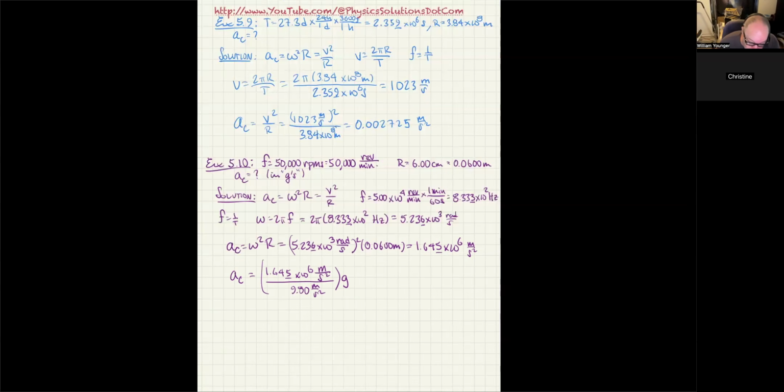So I'm going to take this 1.645 times 10 to the sixth and divide it by 9.80.